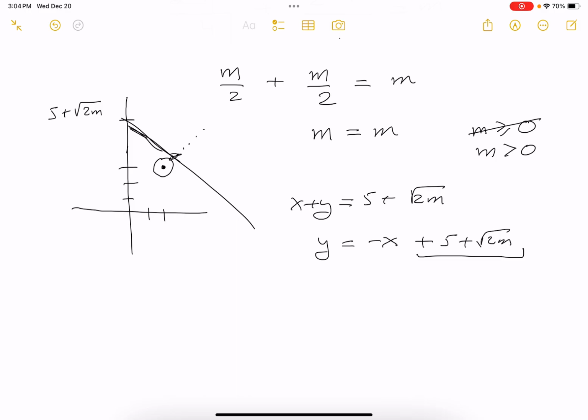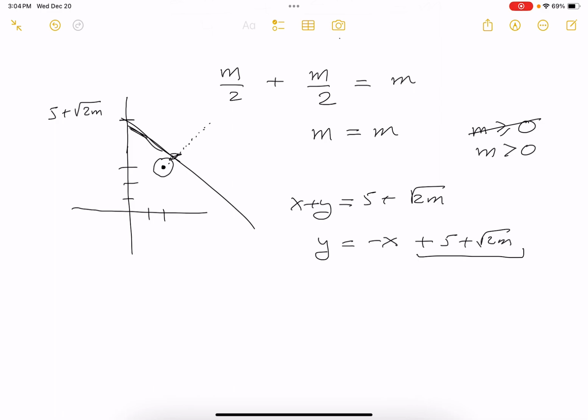So let me see if I covered that. I'll go back and read it again. For what real numbers m? I've got to think about it a little more carefully, don't I? For what real numbers m? Well, as this circle goes up, let me just think about that.